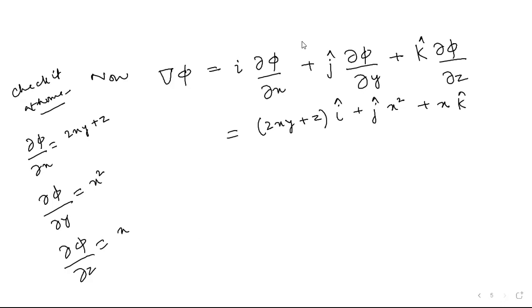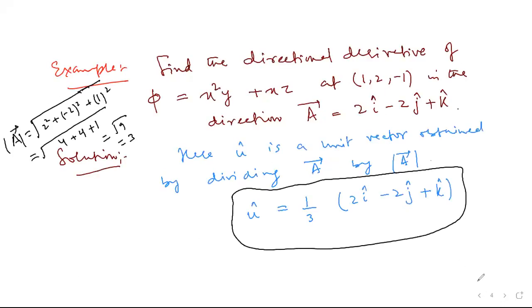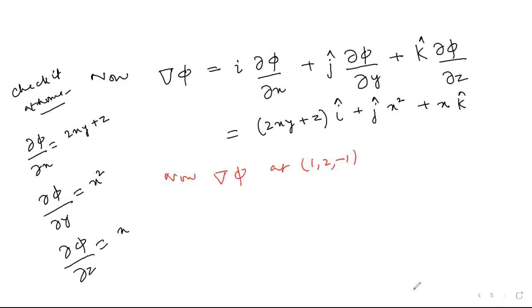Now, del phi at 1, 2, minus 1, which is the point in question. That means x is 1, y is 2, z is minus 1. You have to put for x 1, put for y 2, and put for z minus 1.